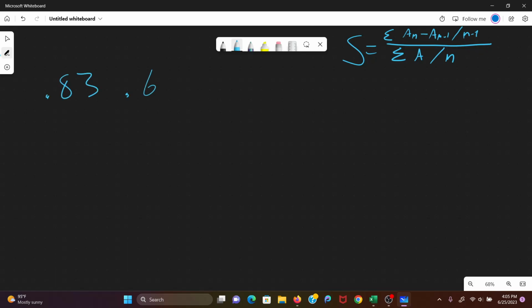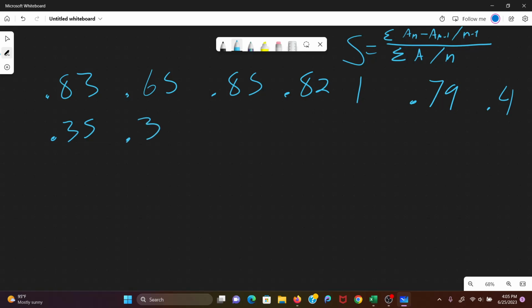They are 0.83, 0.65, 0.85, 0.82, 1, 0.79, 0.4, 0.35, and 0.3. Okay, so the first thing, again, that I'm going to do here is the denominator. It's faster since I have it up. The sum of all these numbers is 5.99.